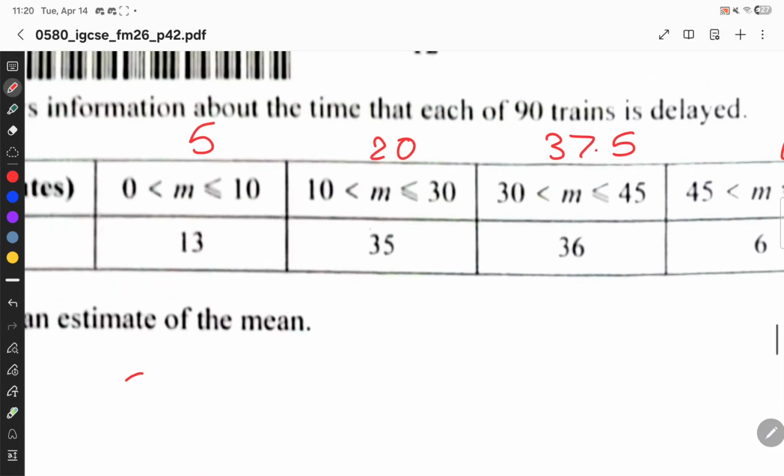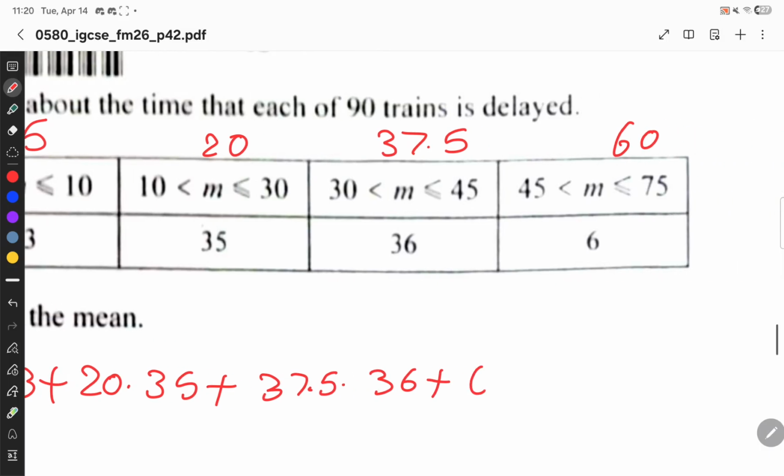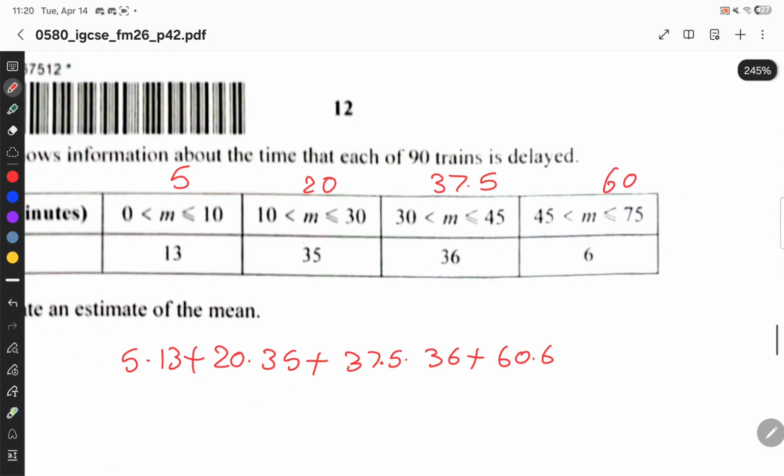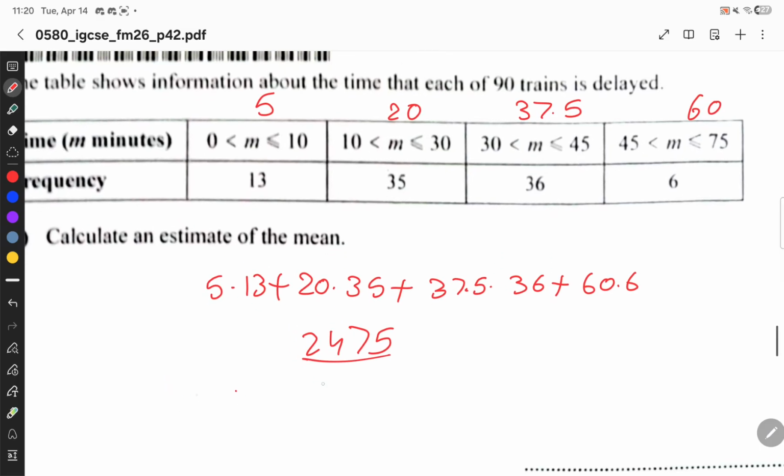So this is 5 times 13 plus 20 times 35 plus 37.5 times 36 plus 60 times 6, which is equal to 2475 over 90.